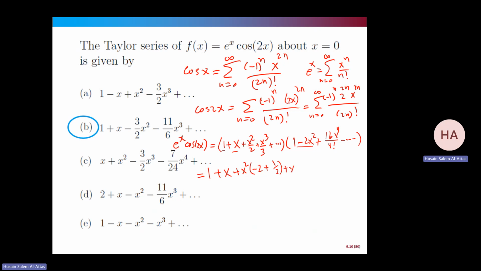Plus what will be x cubed? What will bring me x cubed? 1 will not bring x cubed. X times minus 2x squared will. X squared over 2 will not give me x cubed.